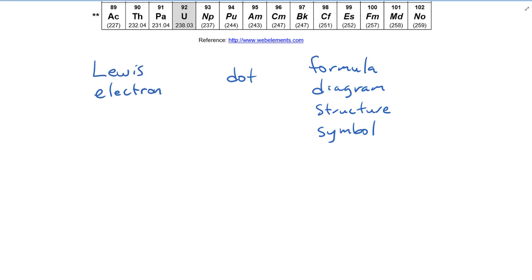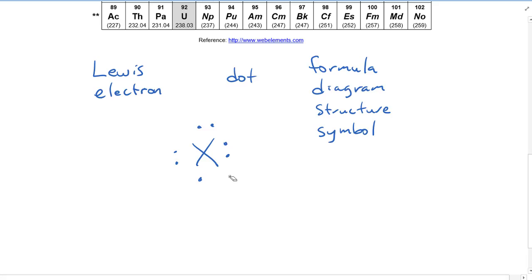But the Lewis dot structure looks something like this. If I use the letter X to represent a generic symbol, we then take that generic symbol and surround it by dots. And the convention is this. We place one dot onto each side, and then we begin doubling up. Where we double up doesn't really matter.